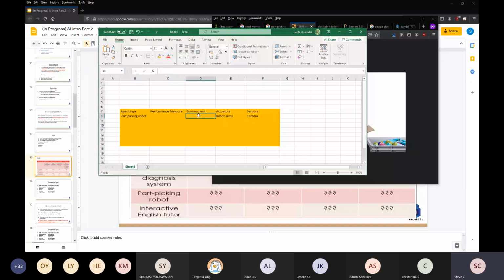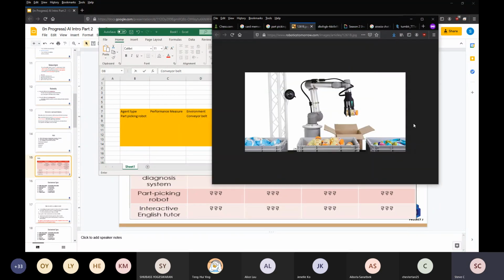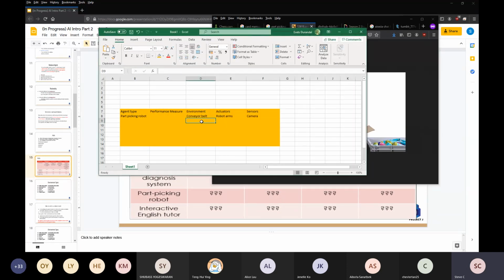So that's one element of the environment. So conveyor belt. And you could say that there are other factory workers over there. So that could be an element inside the environment column.